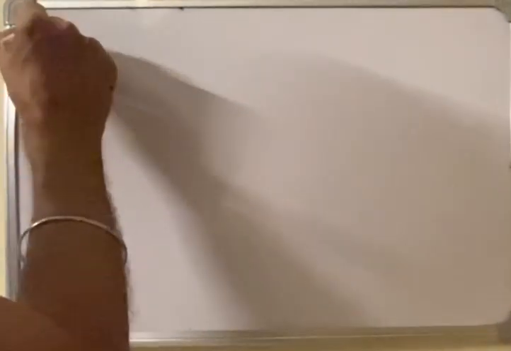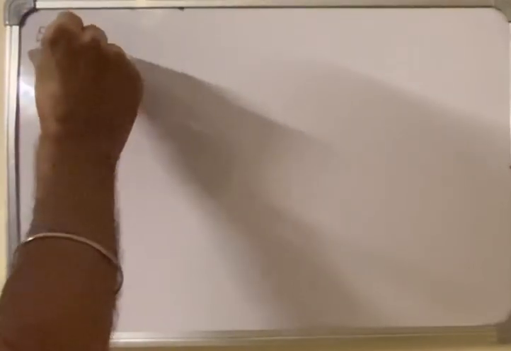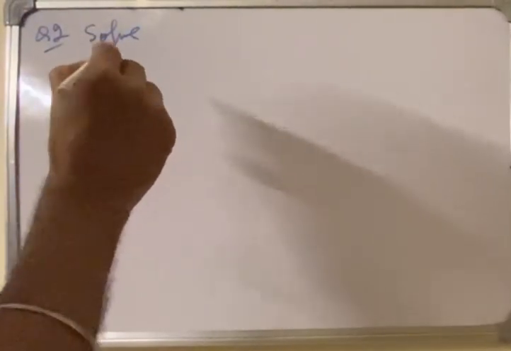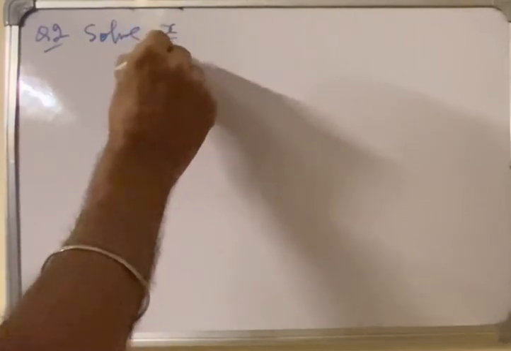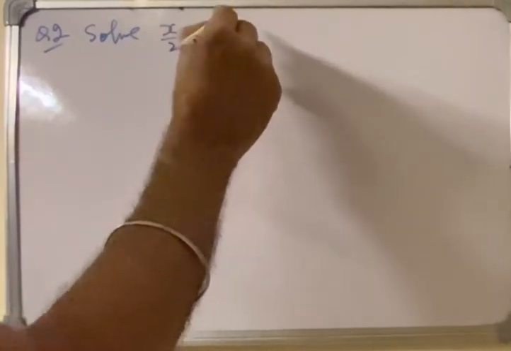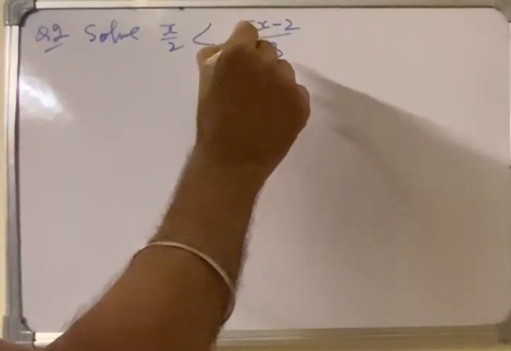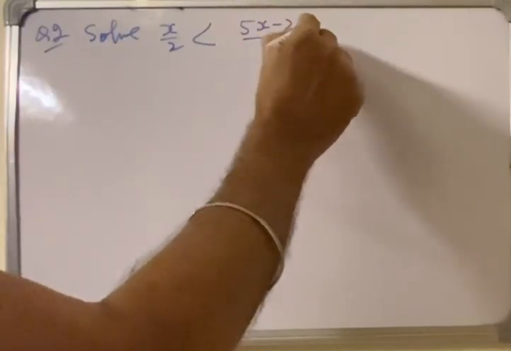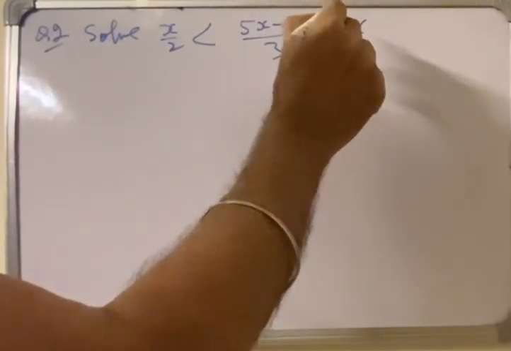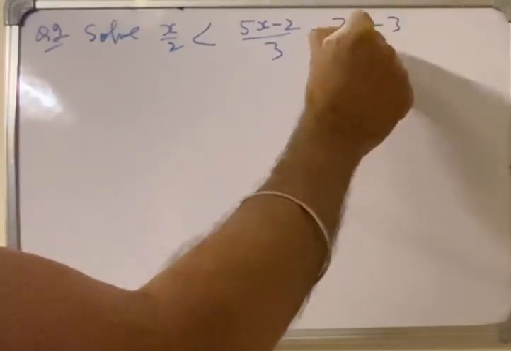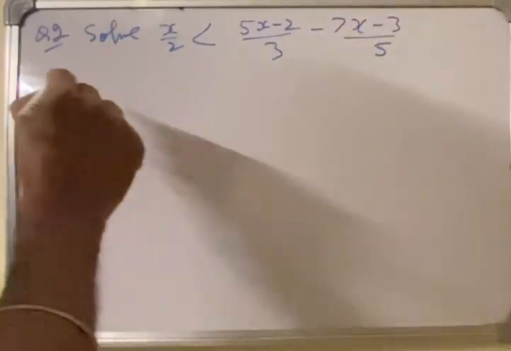Second question, solve x over 2 less than 5x minus 2 over 3 minus 7x minus 3 over 5.